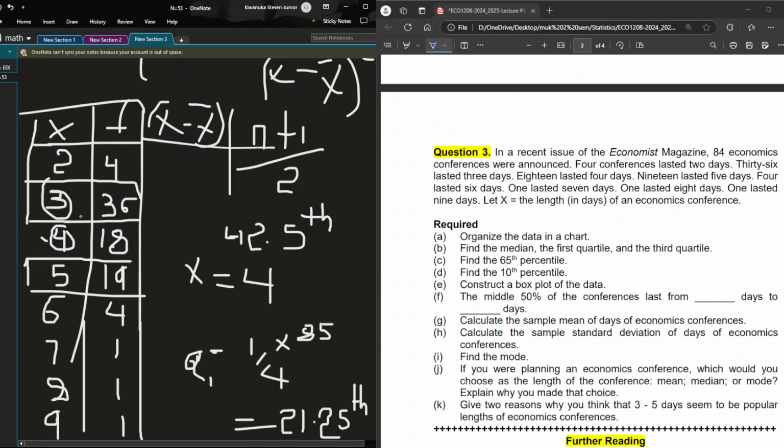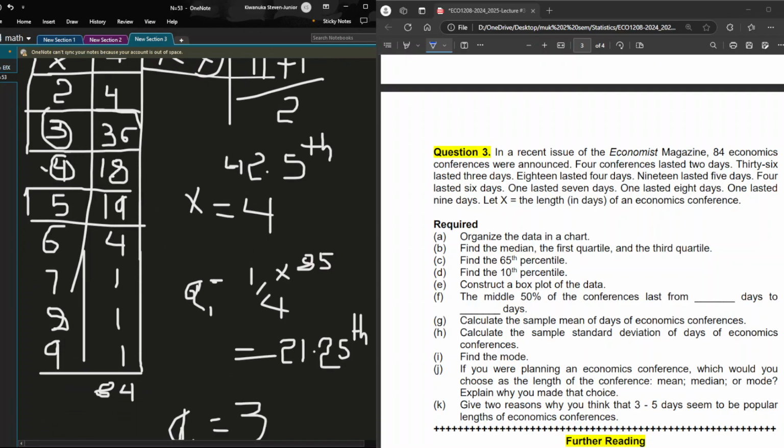Because in 3 days you can hold as many economic conferences as possible. It means we are using fewer resources. The mode, 3 days, is the best choice because it occurs more frequently. A short conference is preferred, the days are not so many, and we are maximizing attendance.